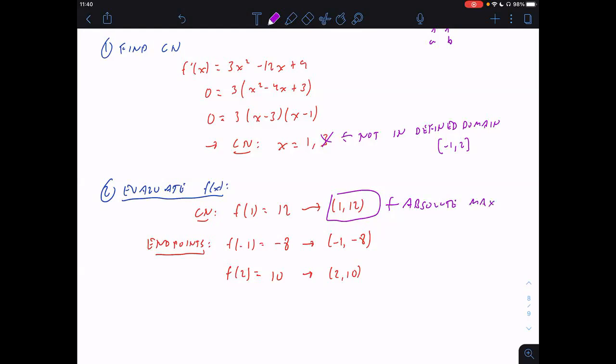Okay, and then the absolute minimum in this case would be at -8. -8 is the smallest output from the 3 evaluations. So at -1, we get our absolute minimum of -8. So our absolute minimum can be located at these coordinates. All right, so when x equals 1, we get an absolute maximum of 12. And when x equals -1, we get an absolute minimum of -8.